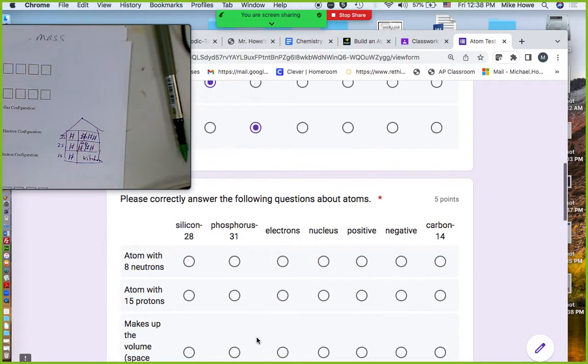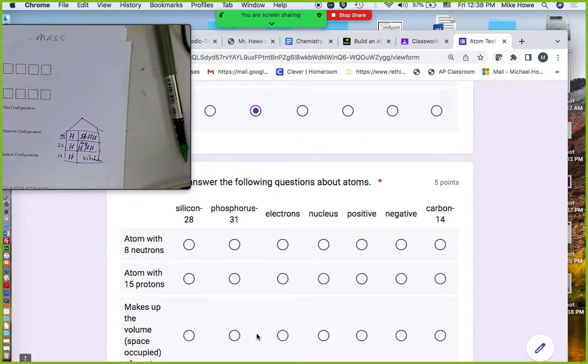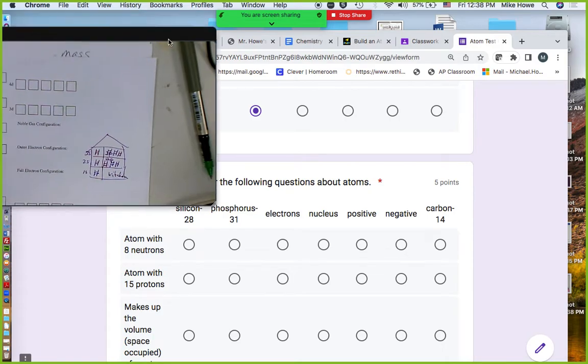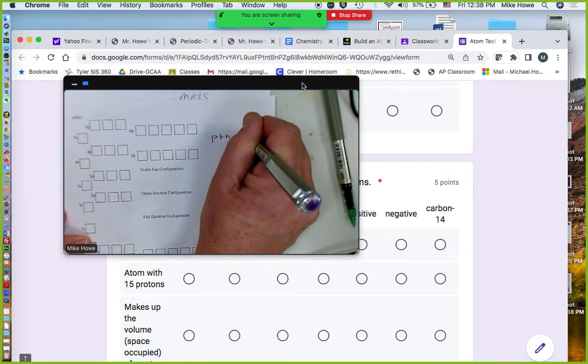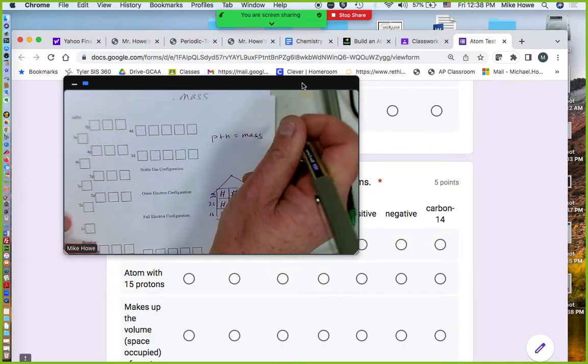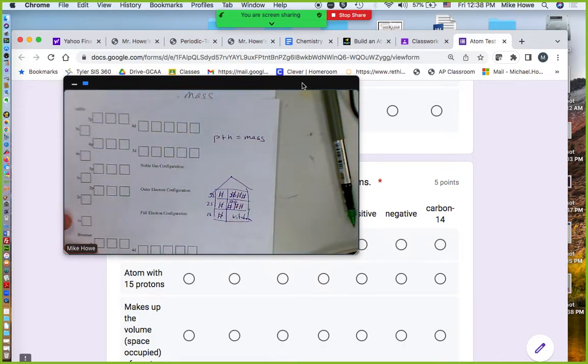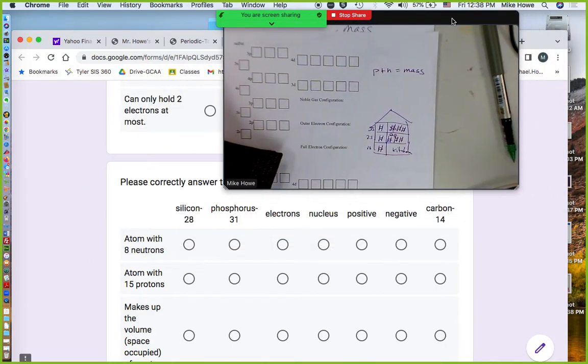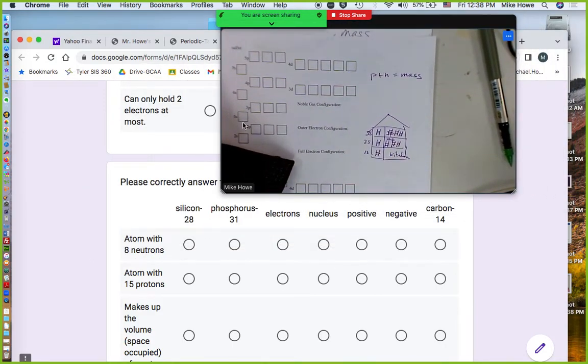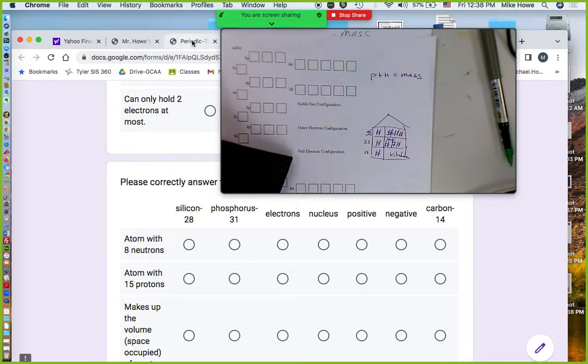All right, next section of this test, an atom with 8 neutrons. So if it has 8 neutrons, probably it's not silicon-28. To do this one, you have to remember that the protons plus the neutrons is equal to the mass. So silicon-28, silicon has 14 protons.